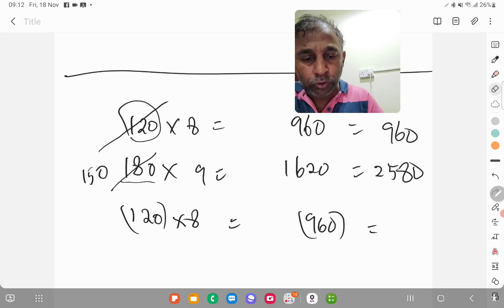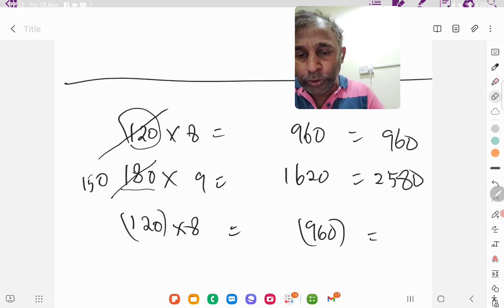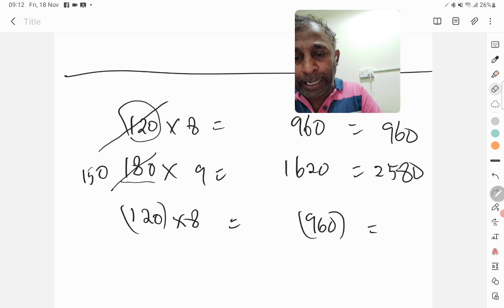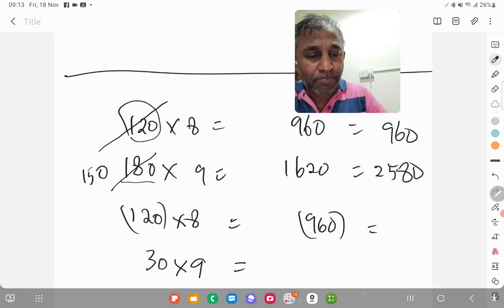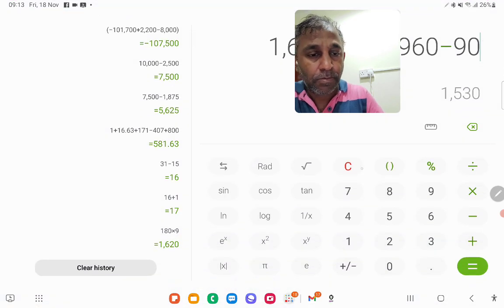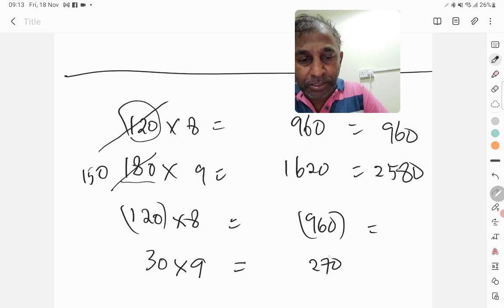Let me go back to the second item, 150. I need to issue 150. So for this 150, what I will do is 120 at 8 and then 30 at 9. So 30 at 9, let me calculate, is 270. Yes, this is correct.